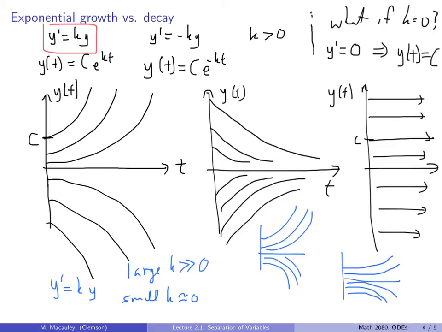And then as k gets negative, these curves go from going upward to going downward, and we get a picture that looks like this. So it's a fun mental exercise, and we'll do more of this later, to think about k as a tuning parameter that you can move back and forth, and as you do it, picture how these solutions change graphically.